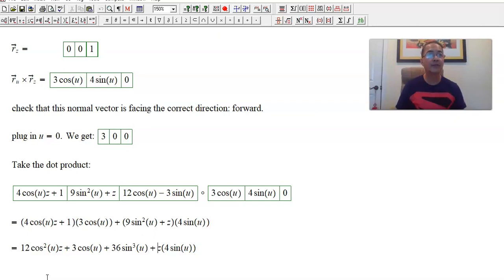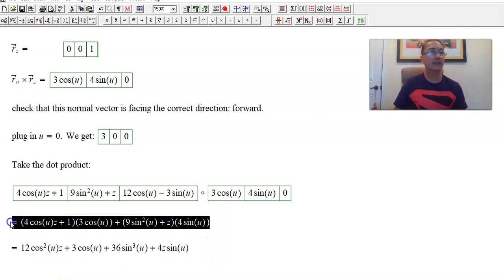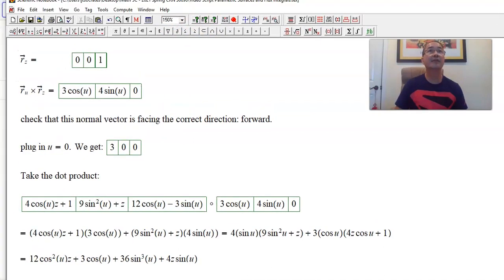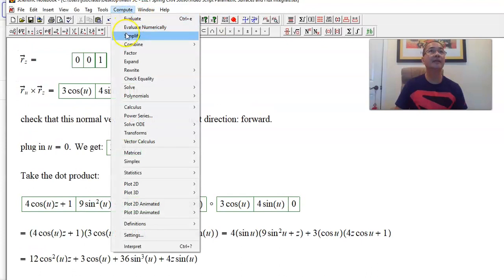Yes, and we will get 4z sine of u. Okay, so that is what we're integrating, and shall we make sure that we are simplified, please.